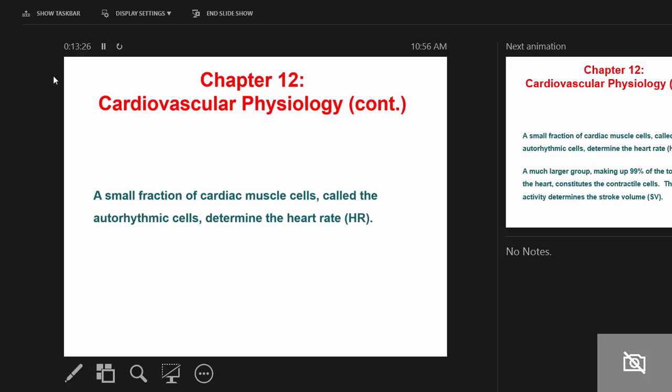Again, a small fraction of cardiac muscle cells called autorhythmic cells determine heart rate. That's the pacemaker. The SA node, the sinoatrial node, is the pacemaker. They are autorhythmic cells. How is this similar? To make you think here, we didn't have a question of the day. We learned about cells in muscle that used to be able to contract but can no longer contract.